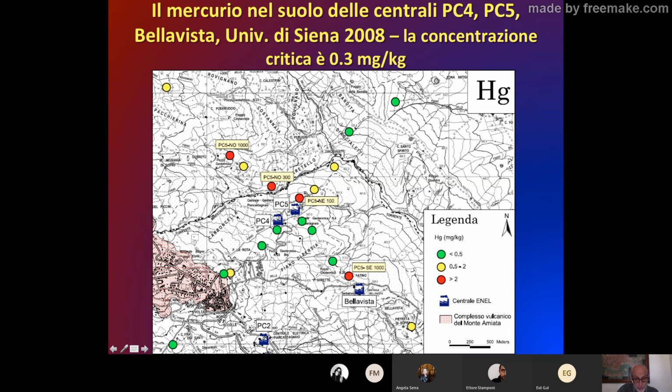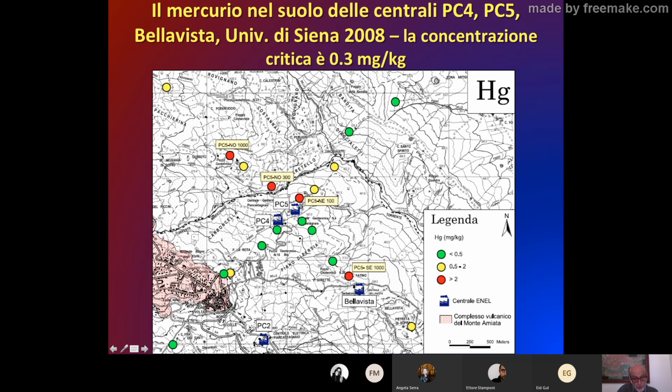The power plants are these in blue. There are 4 power plants, PC2, PC4, PC5, and Bella Vista, which is now closed, not open anymore. And you can see that in the soil you find 2 milligrams per kilogram downwind of the power plants.